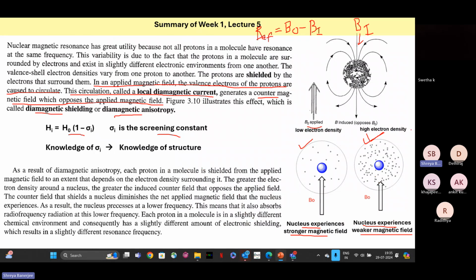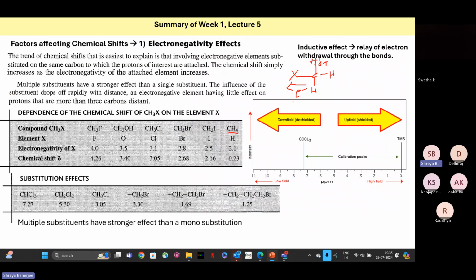If the electron density surrounding hydrogen reduces, the net effective magnetic field experienced by the hydrogen nucleus is lower. And if the effective magnetic field experienced by the hydrogen nucleus is lower, then it will appear at higher values of chemical shift. It is said to be downfield shifted or de-shielded.